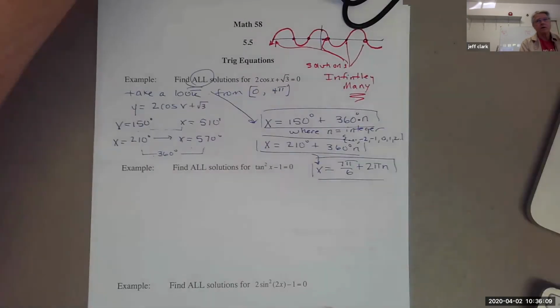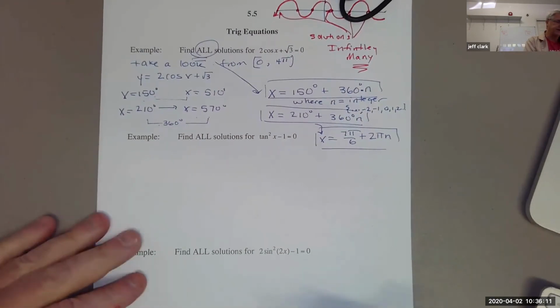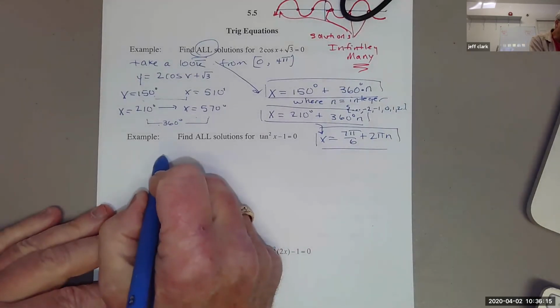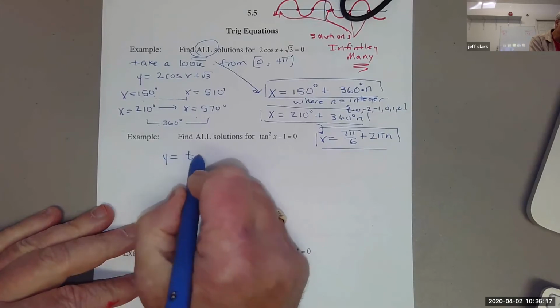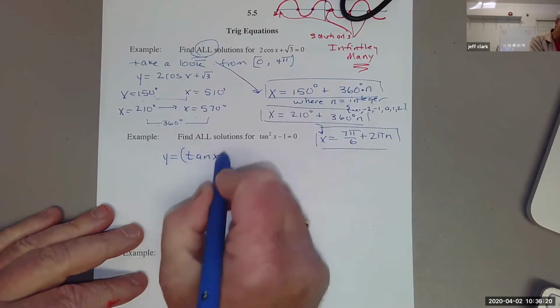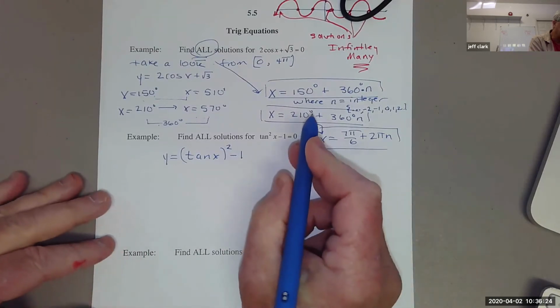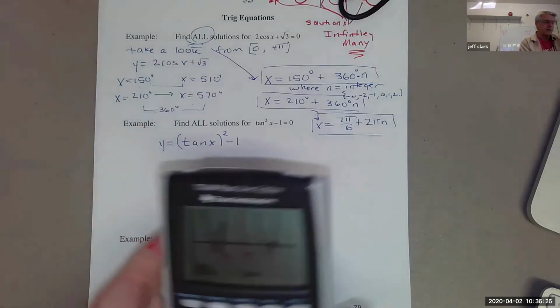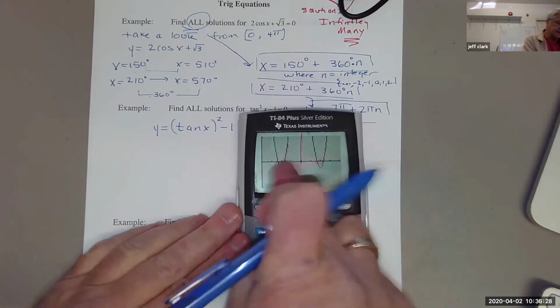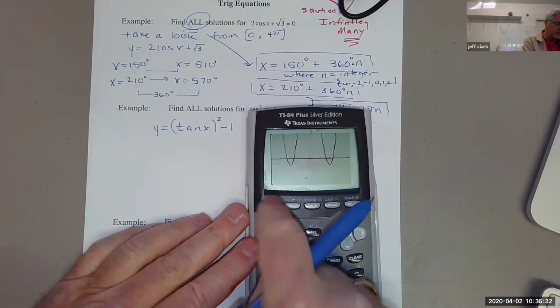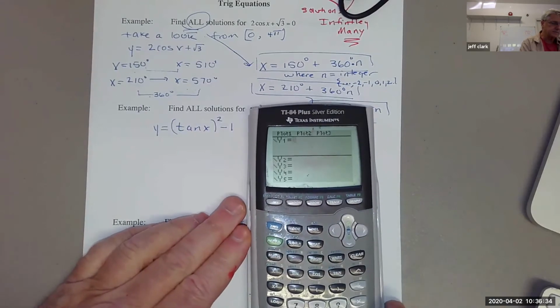Okay, I'll do one more, and then I think that will give you an idea to do the few problems that I assign on your homework. So one more, I'll go y equals tangent x, squared, subtract 1. It's already set equal to 0. That's convenient. So I'm going to go back to my calculator, and go y equals, get rid of that.